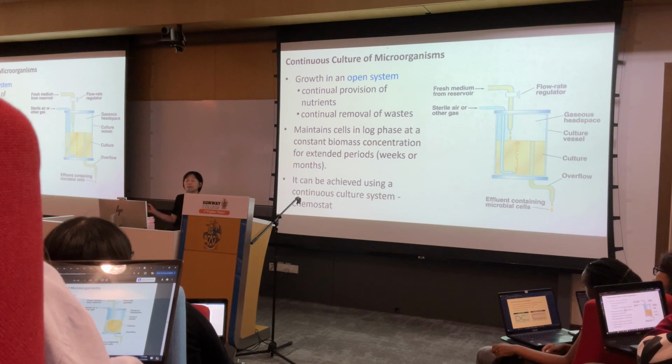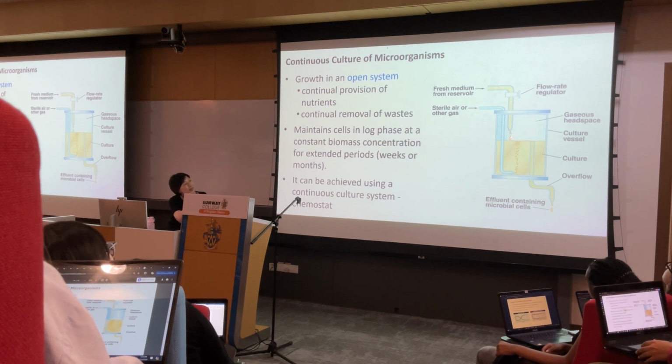And they are using this kind of open system, which is a chemostat. They call it a chemostat as well. What happens is that you have the fresh medium coming in, and you are also providing air, so the oxygen is also coming in here. That's why you have bubbles. So then it is circulating, right?